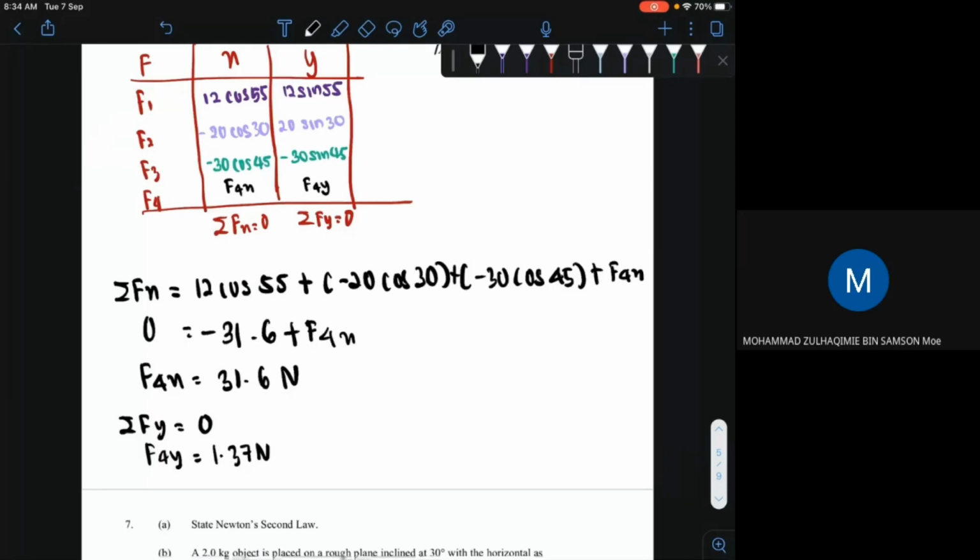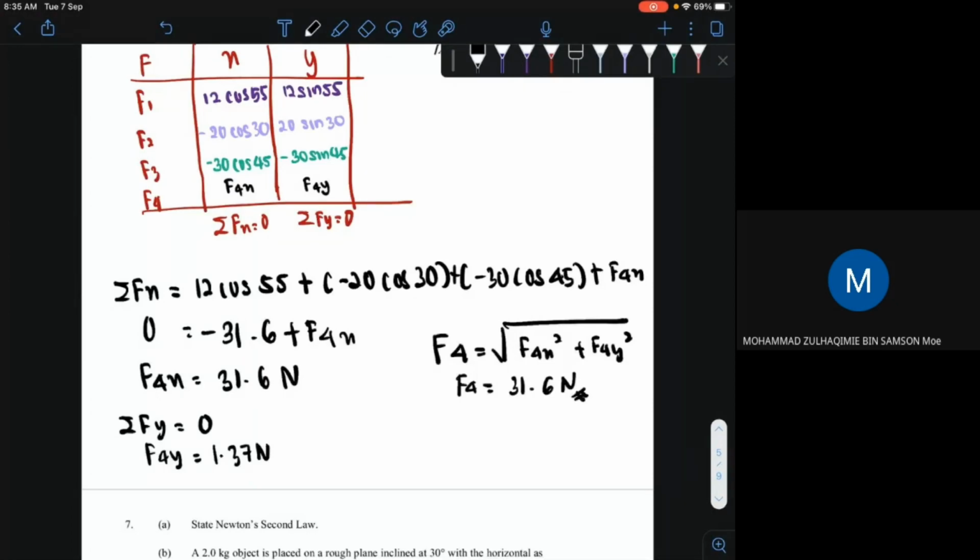So now we want to find F4, the magnitude of F4. You have the value of F4 along X and also along Y. So to find the magnitude, we use the method F4X squared plus F4Y squared. Press the calculator, you should get F4 of 31.6 Newton.